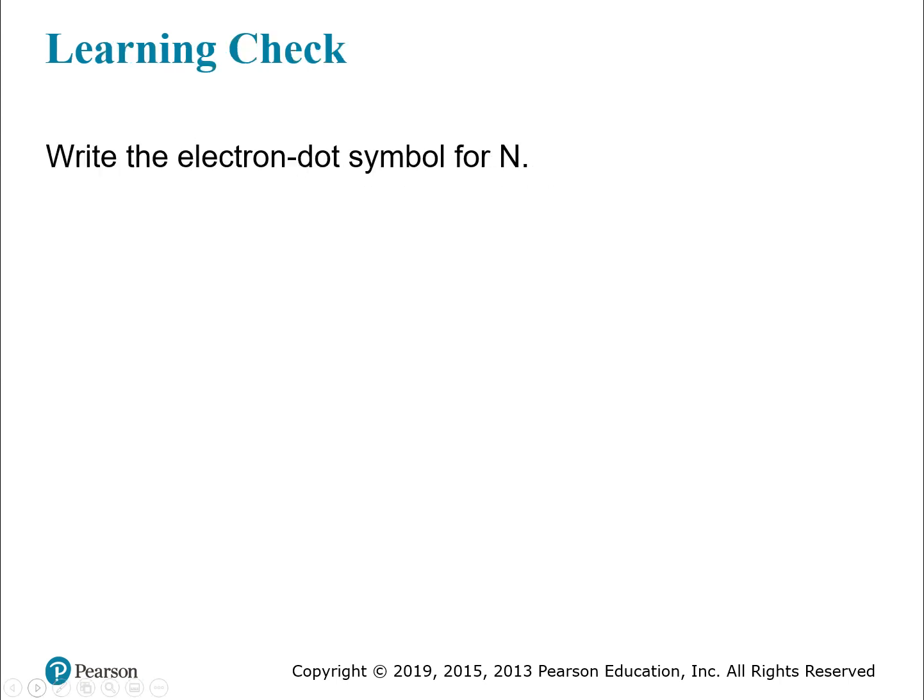So let's try. I'm going to do this one for you because you can't really show it in the chat. But just try to jot it down in your notes real quick. The electron dot symbol for N, that is nitrogen. I will tell you, it is in group 5A. So I'll give you a head start before I fill it in.